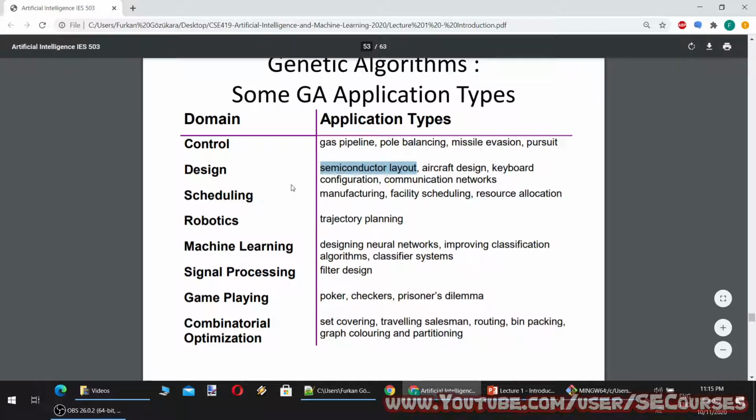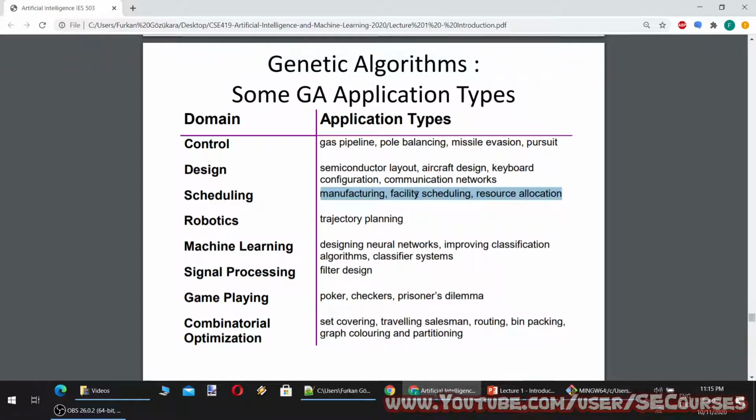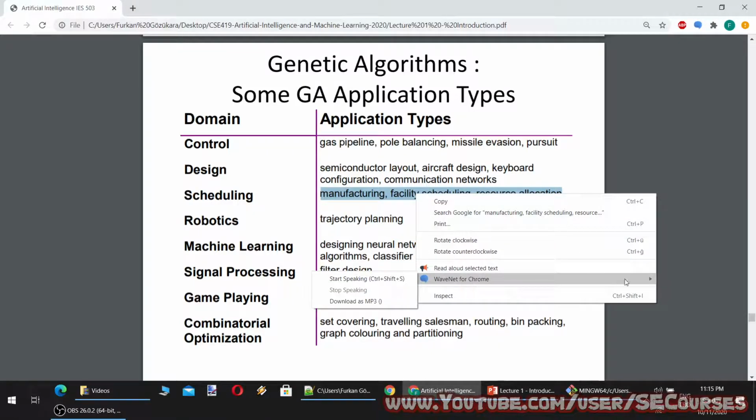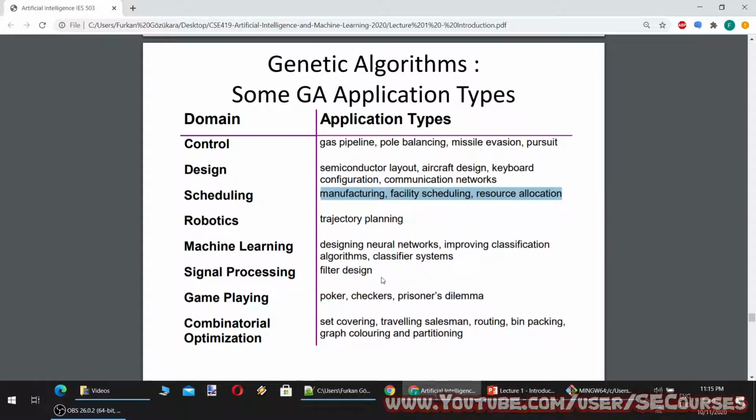So in design, it's extremely important. Scheduling is also another important task. You have to use your available resources with maximum efficiency, such as your cars or your trains. Manufacturing, facility scheduling, resource allocation.